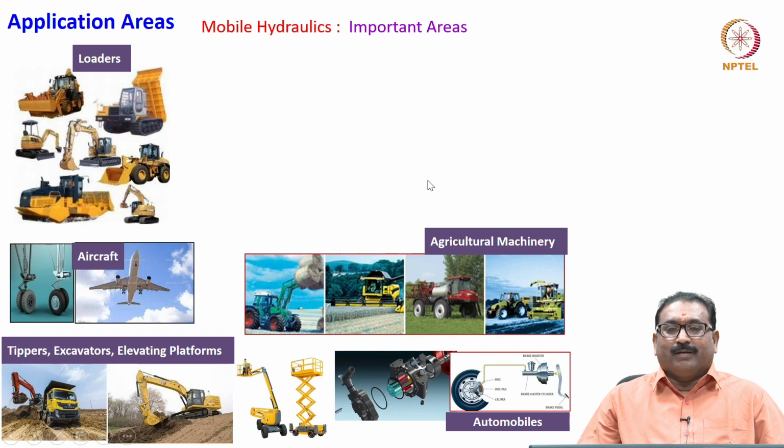Similarly, mobile hydraulics, in which the power pack can move from one place to another. As we have seen already, power packs are available from heavy duty to portable, compact, movable from one place to another. Now, I list the mobile hydraulics applications.